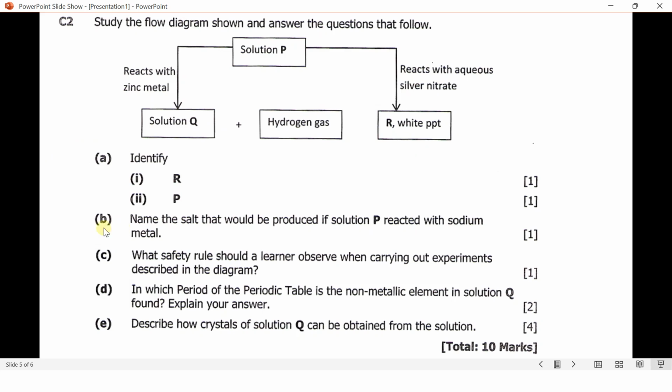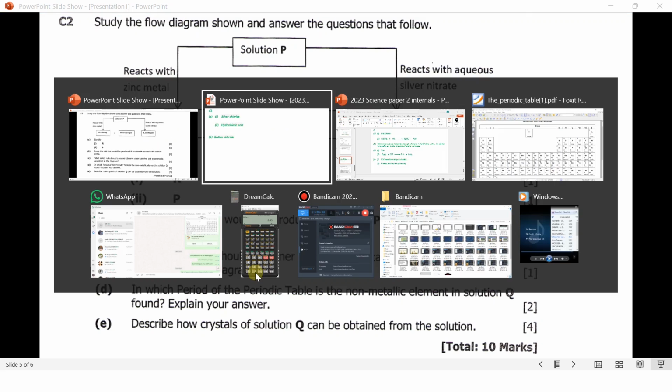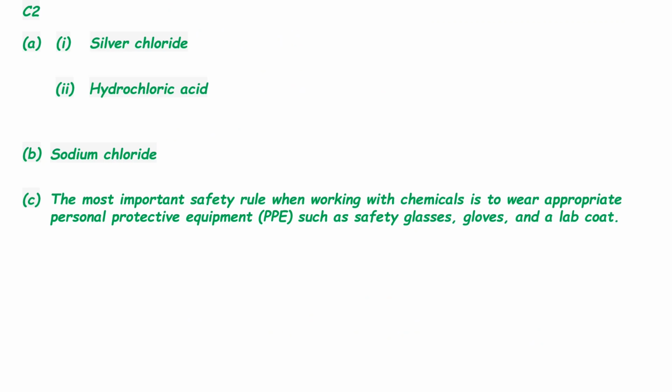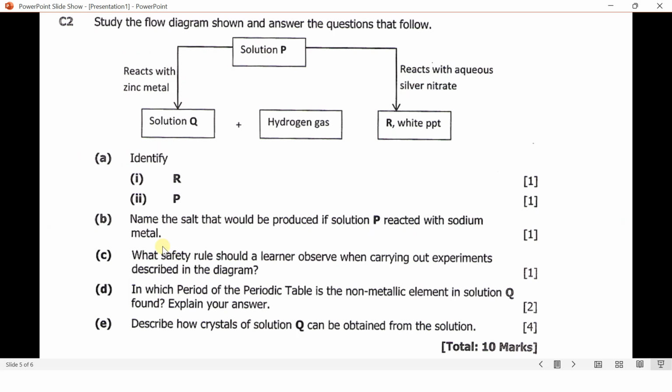Then we come back here, they're saying what safety rule should Elena observe when carrying out experiments described in the diagram. So here we are saying the most important safety rule when working with chemicals is to wear appropriate personal protective equipment such as safety goggles or glasses, gloves, and lab coat. Then they're saying in which period of the periodic table is the non-metallic element in solution Q found?